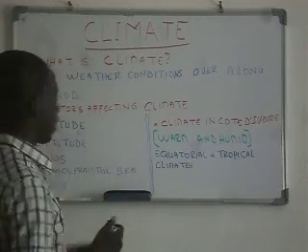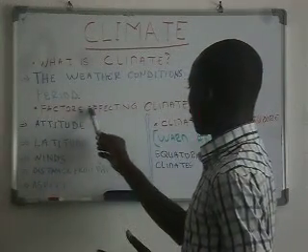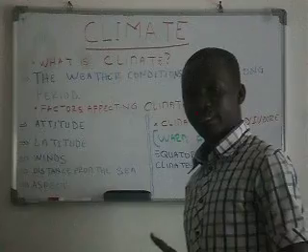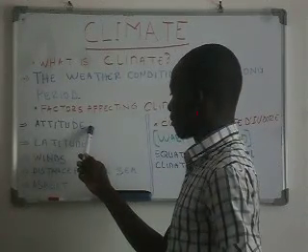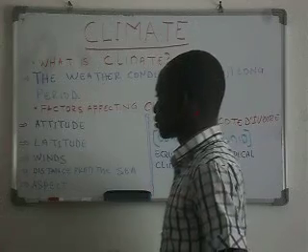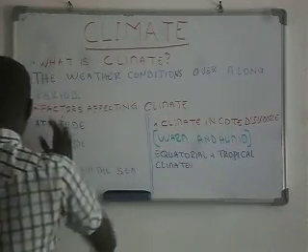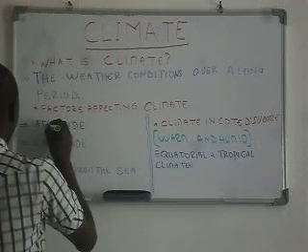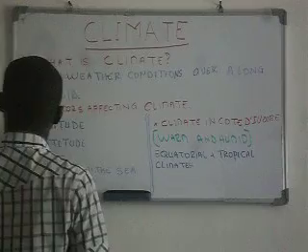Here they are. These are the different factors or the different elements that affect the climate in a given area. We have the altitude, we have the latitude. This is not altitude, rather latitude.